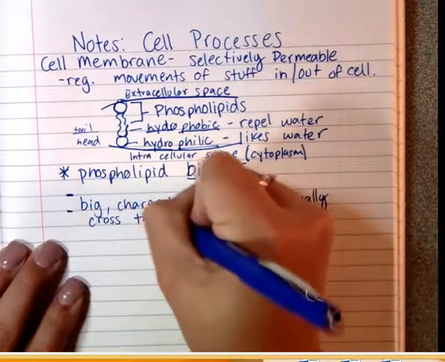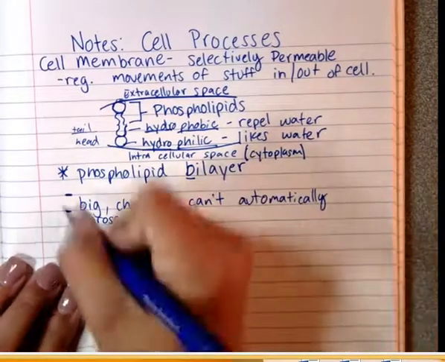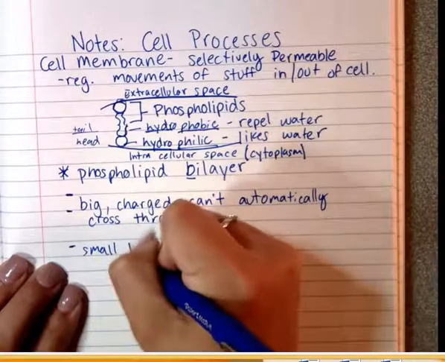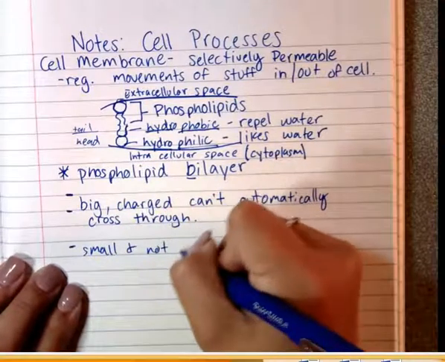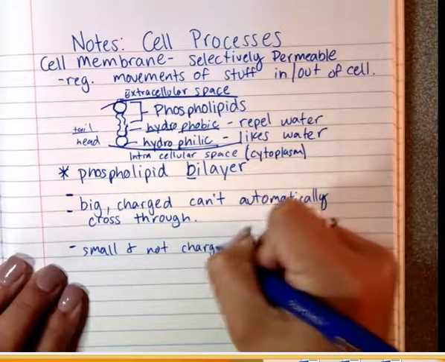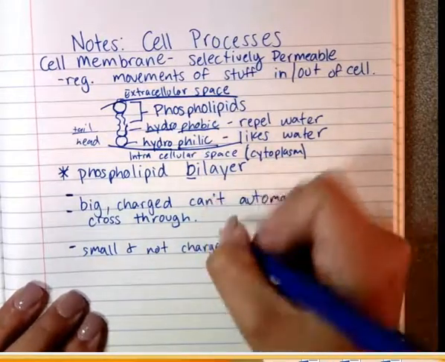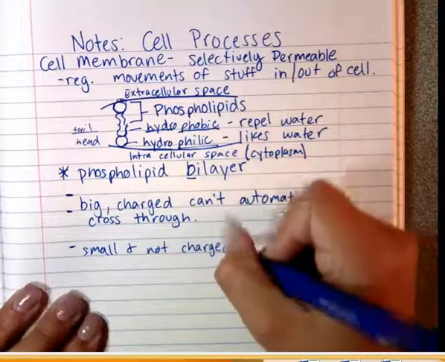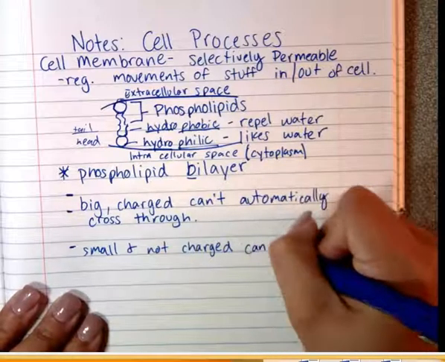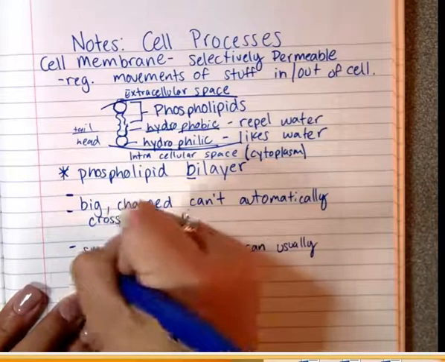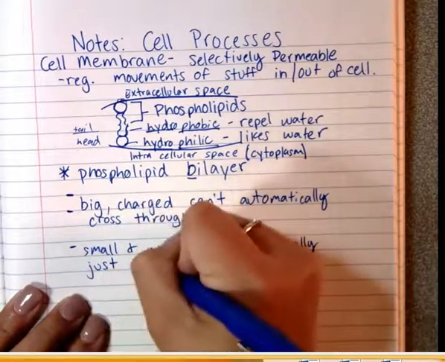But if they are small and not charged, so small lipids, maybe some steroids or things like that, they can usually just cross through the cell.